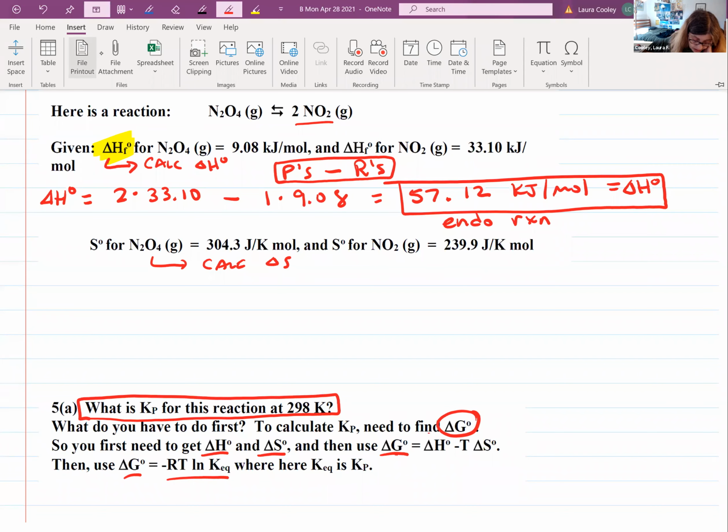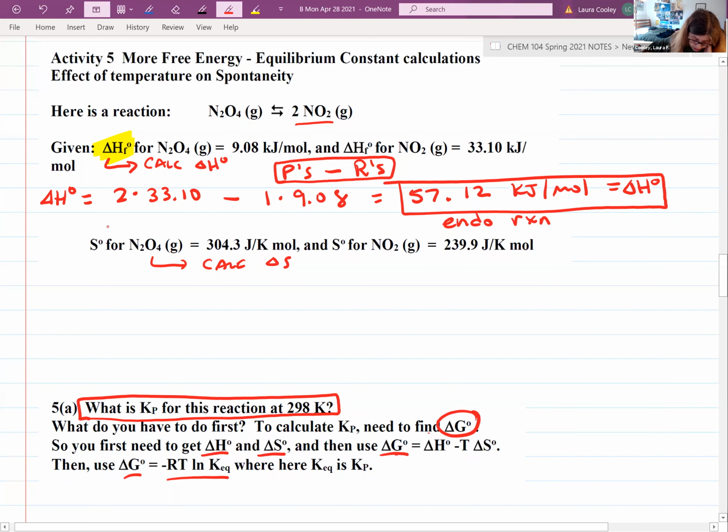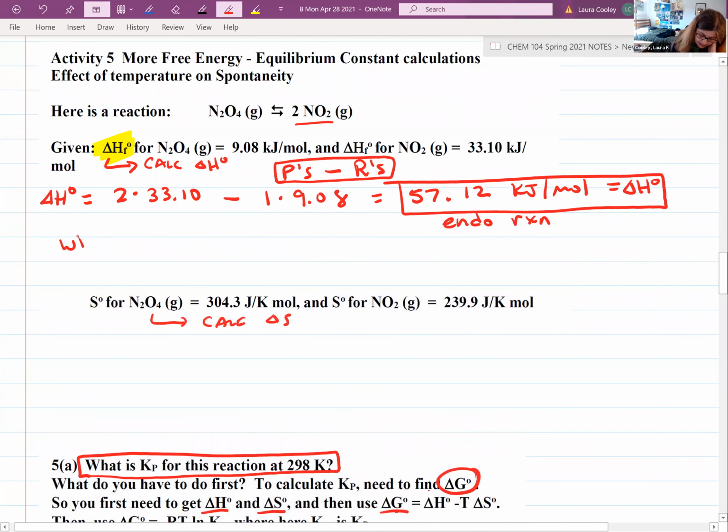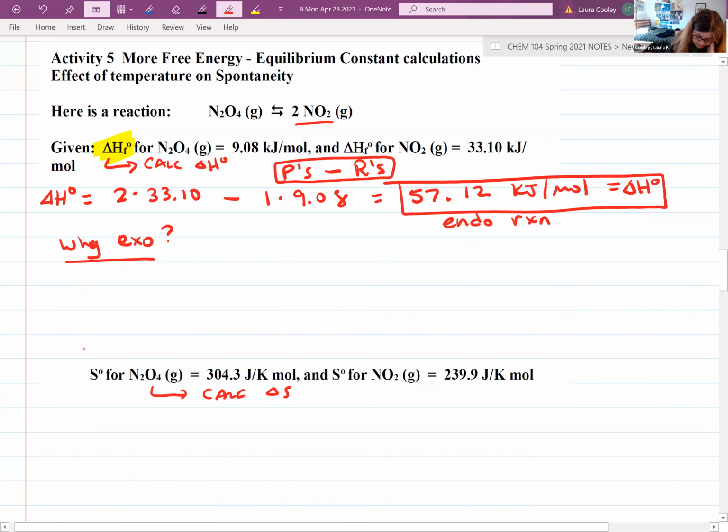Because this is the end of the course, and we try to put a few things together here. Why does it release heat? You have to really think about this. If you have N2O4, it looks something like this.